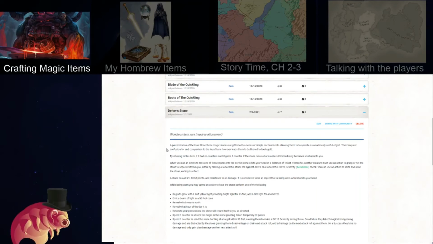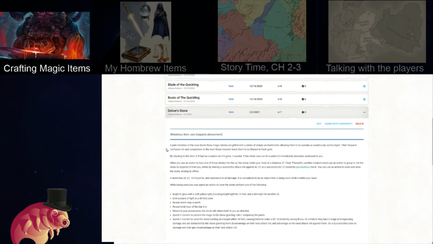You can use an action to seize and stow the stone, ending its effect. The stone has an AC of 21, 10 hit points, and resistance to all damage. It is considered to be an object that is being worn while it orbits your head.